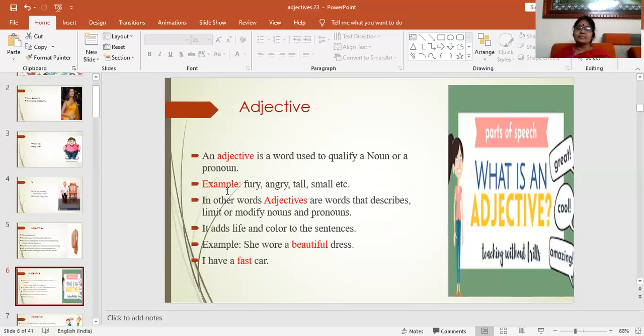So with this we understand that an adjective is a word used to qualify a noun or pronoun. In other words, they are words that describe, limit or modify nouns and pronouns. It adds life and color to the sentence. Example, she wore a beautiful dress. I have a fast car. Okay. Now let's move on from here.